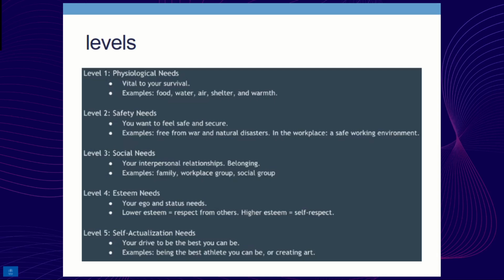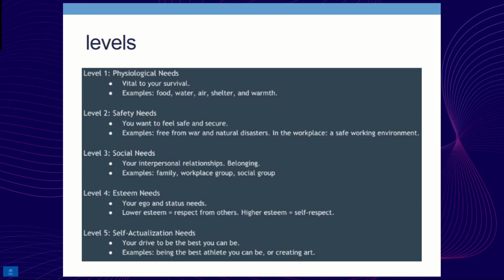Maslow's hierarchy of needs doesn't just exist for our personal lives, but in all aspects of our lives. To motivate employees, the organization needs to think of ways of incentivizing employees so that they feel as though each need is being met. This will give the employee the motivation to progress up the hierarchy.